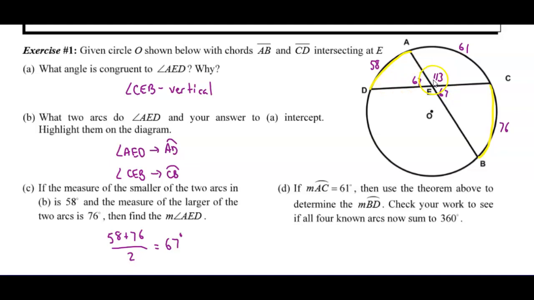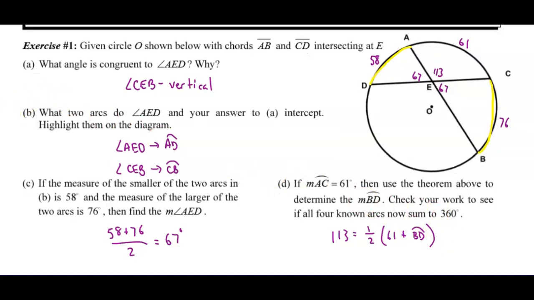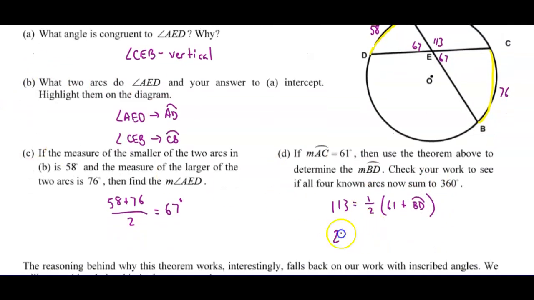So if that 113 is half the sum of these two arcs, I can just set that equal: 113 is equal to 1/2 the sum of 61 plus arc BD. That's just algebra from there. If I multiply by 2, you get 226 equals 61 plus BD, and then just subtract 61, and my total for BD is 165.